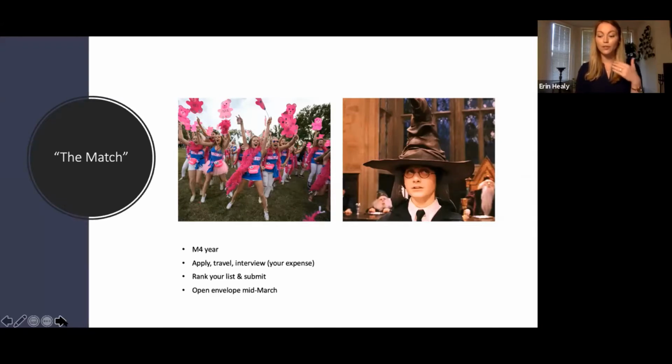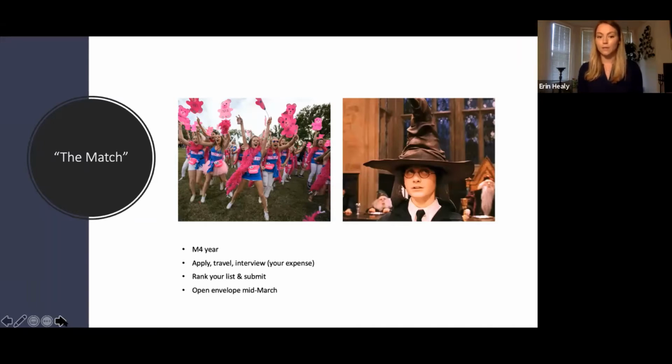And then after you go through all of your interviews, we'll say for a round number you interviewed at 15 places, you're going to submit your rank list from 1 to 15. That is your list of preference, my number 1 program all the way down to my number 15 program. Every program in the country also submits a list of everybody they interviewed.